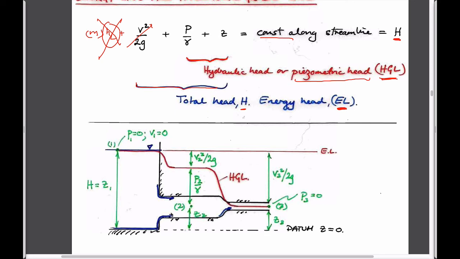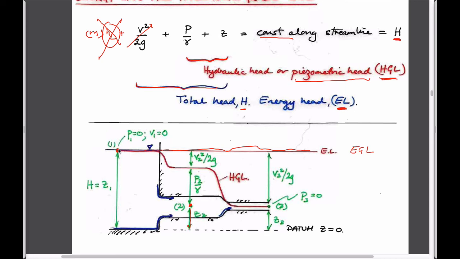So if you take a free jet going into a hose pipe and then into a thinner nozzle, the magnitude of this energy line, the energy grade line, is always going to be constant. And it should always be the sum of all the individual components: the elevation of a particular point, the pressure at that point, and also the velocity term.